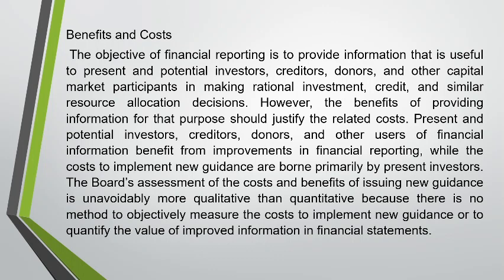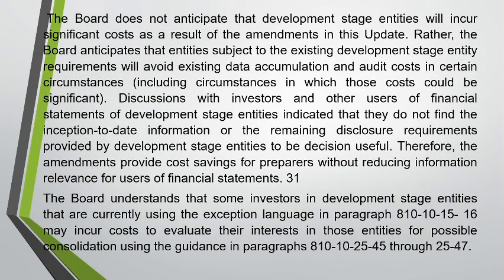Present and potential investors, creditors, donors, and other users of financial information benefit from improvement in financial reporting, while the costs to implement new guidance are borne primarily by present investors. The board's assessment of the cost and benefit of issuing new guidance is unavoidably more qualitative than quantitative because there is no method to objectively measure the cost to implement the new guidance or to quantify the value of improvement in information in financial statements.